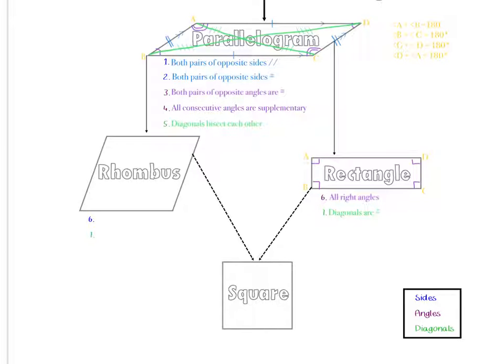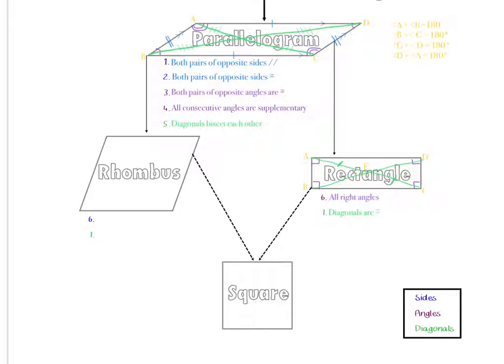So let's look at what that looks like. Because I stood those right angles up, BD is going to be congruent to AC. And we talked about parallelograms, the diagonals bisect each other. So AE is congruent to CE.